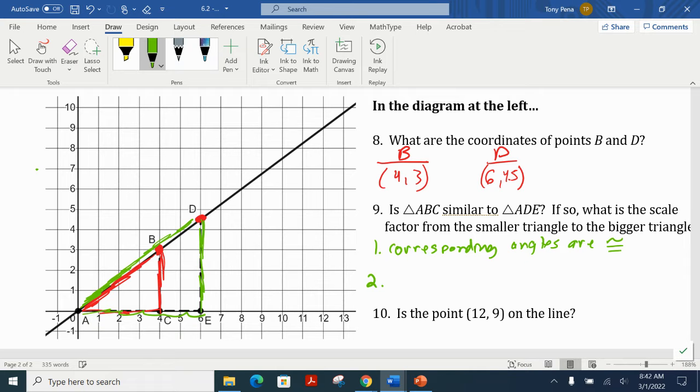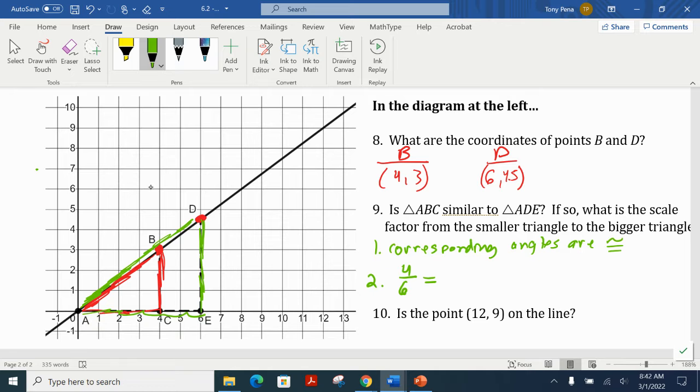The other thing that has to be true is their ratios have to be the same. So look at the bottom of the red triangle. It has a length of 4. The bottom of the green triangle has a length of 6. Look at the right-hand sides. The right-hand side of the red triangle is 3.